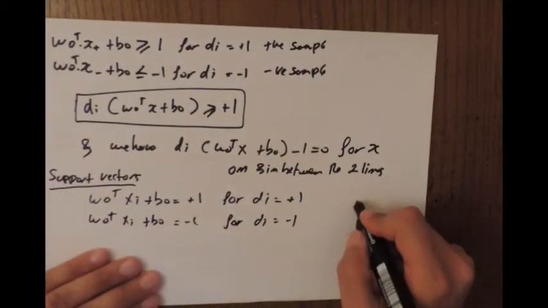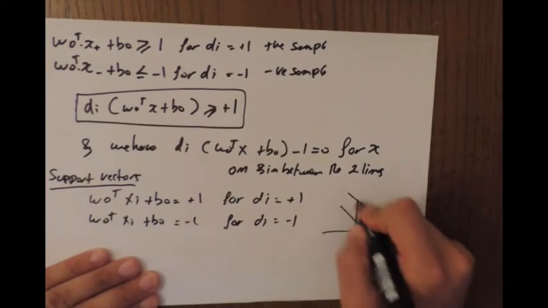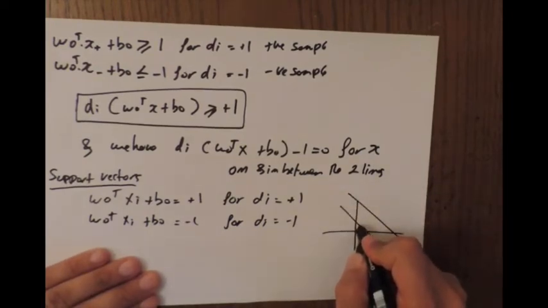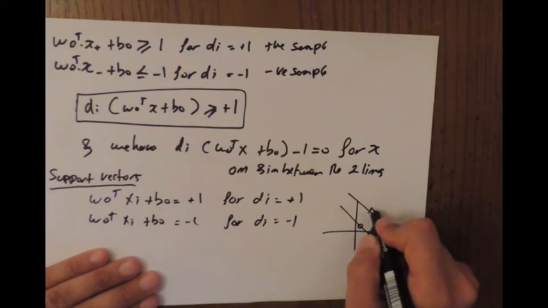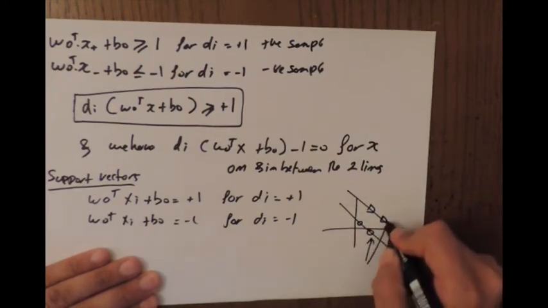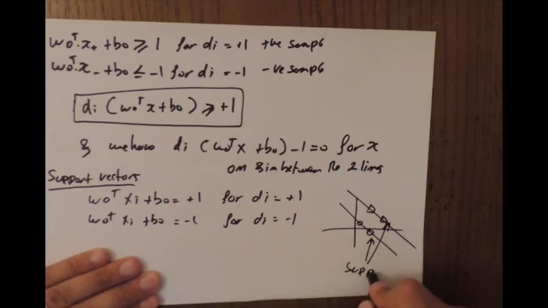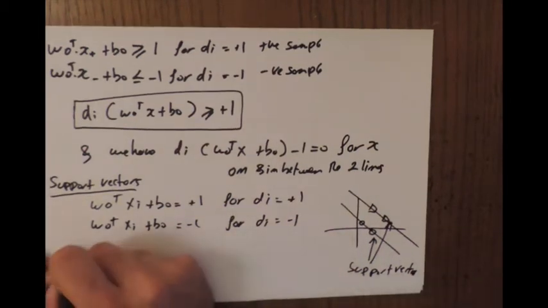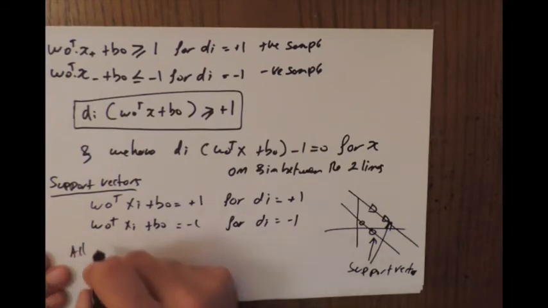So if I draw the line again, points that are here are called support vectors. All other points are irrelevant for us in this case.